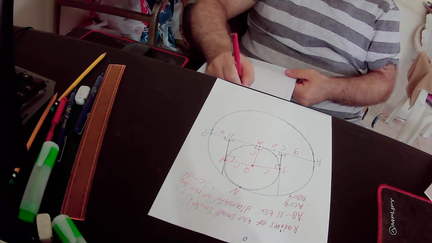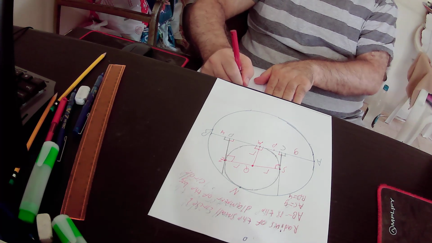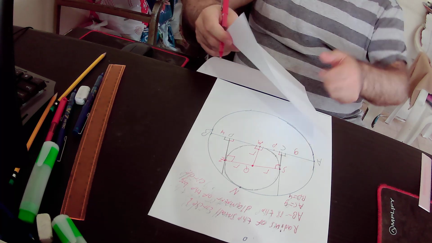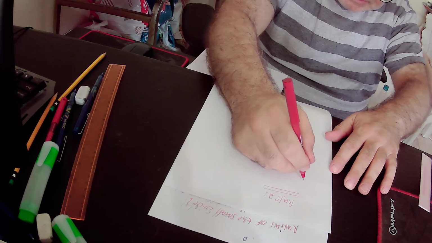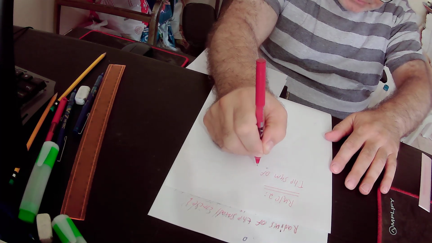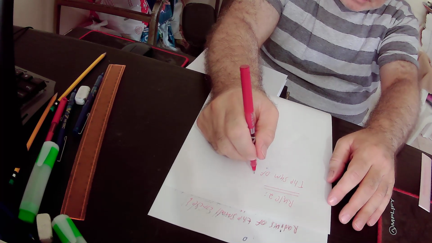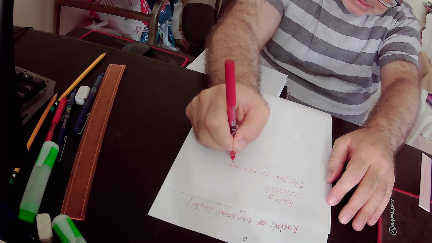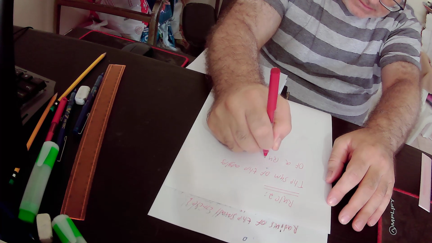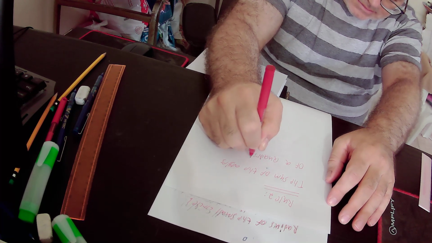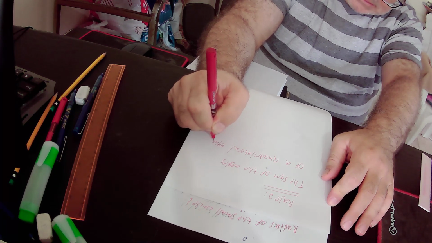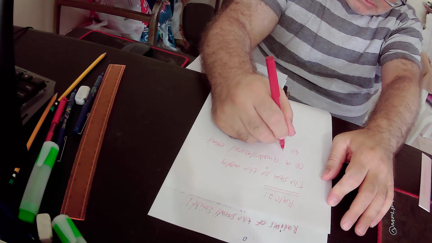Rule number 2 states that the sum of the angles of a quadrilateral equals 360 degrees.